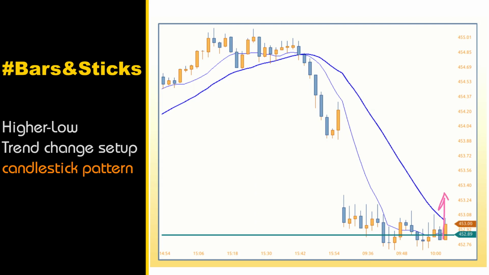It needs to move above and hold that moving average. Something similar to this.